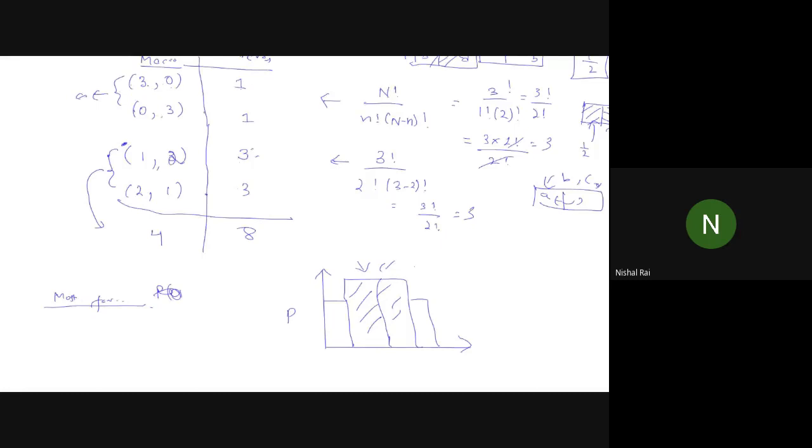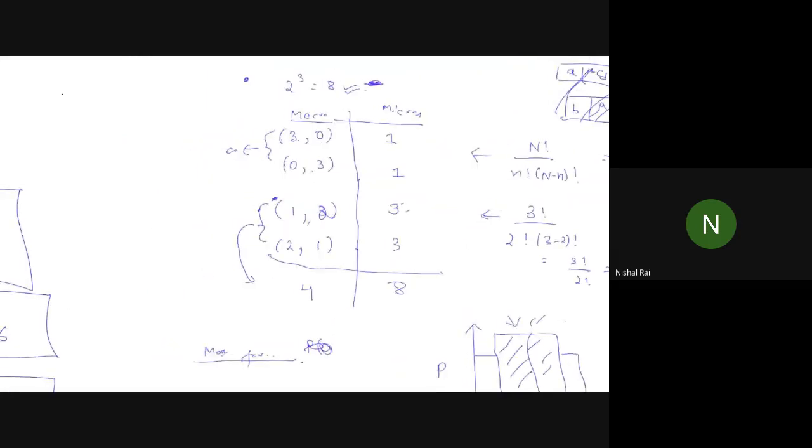So the total number of microstates is how much? For this set up, 8. 1 plus 1, so for this favorable event, 2. The total number of events is 8, so it will be 2 by 8, 1/4. Is it clear?